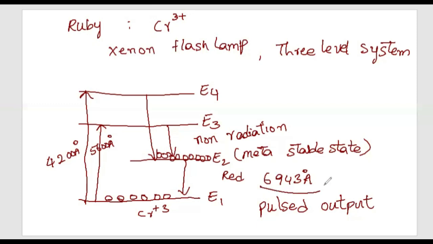The output of this ruby crystal is red color, having wavelength 6943 angstroms. The output is pulsed. For the resonating or optical cavity, we use the fine polished surfaces of the ruby rod, silvered: one side partially silvered and one side completely silvered. So this is about the ruby crystal, and we'll come to the helium neon laser in the next video.